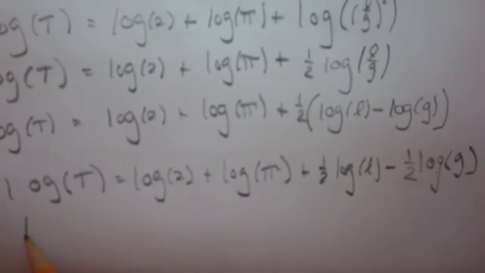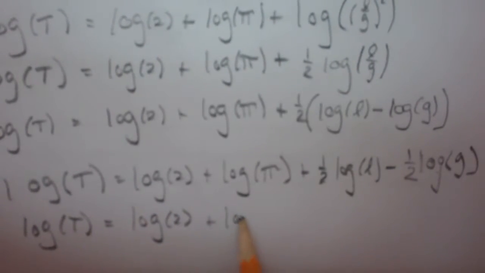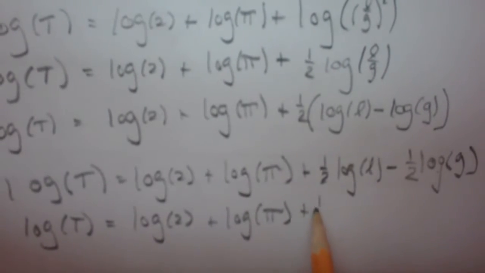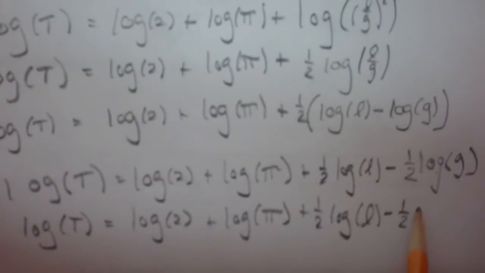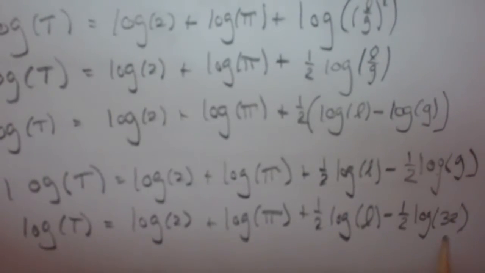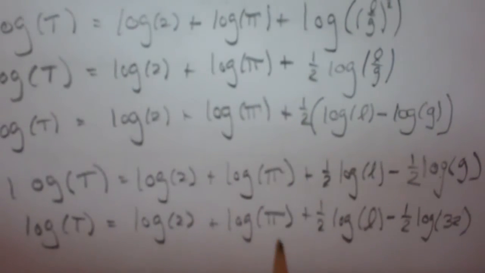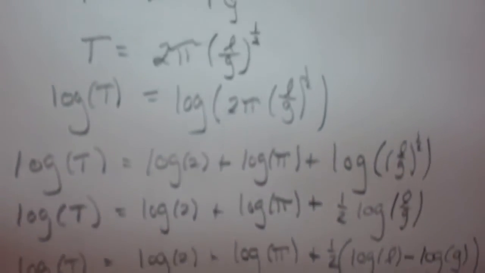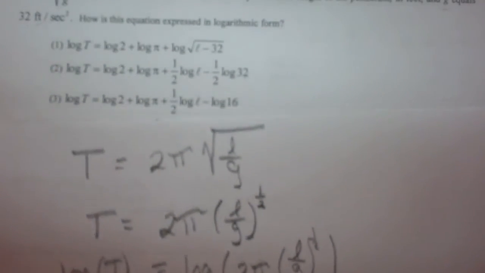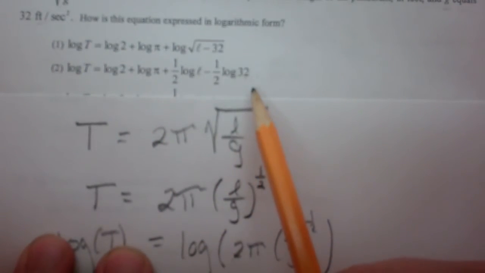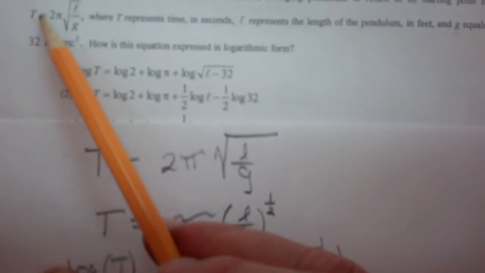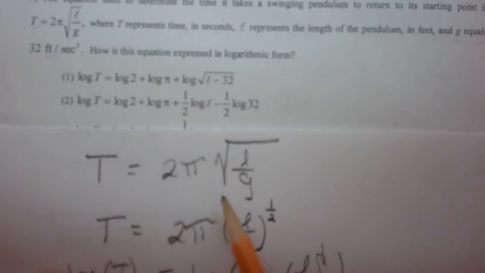So we'll write this as the log of t is equal to the log of 2 plus the log of pi plus 1/2 the log of L minus 1/2 the log of, instead of writing it as g, we'll write it as that 32. And now we've gotten exactly the same thing as is shown in this choice. And so the answer for number 9 is 2.